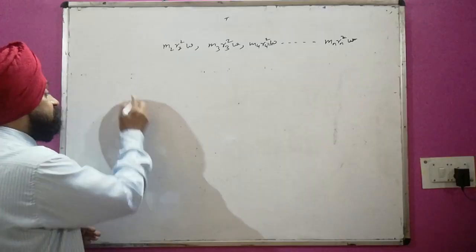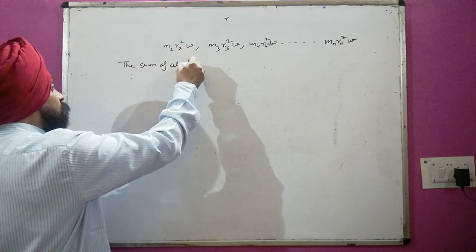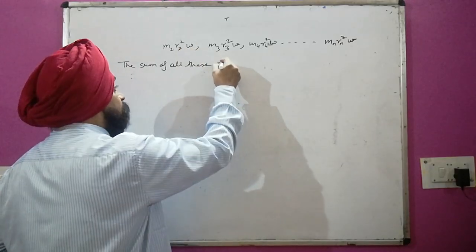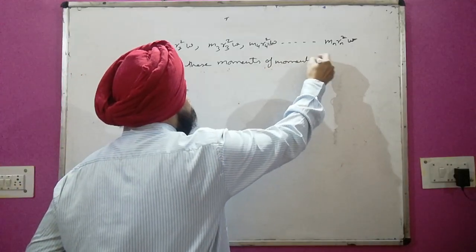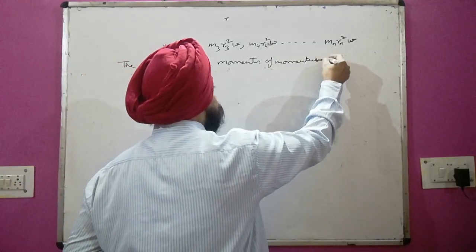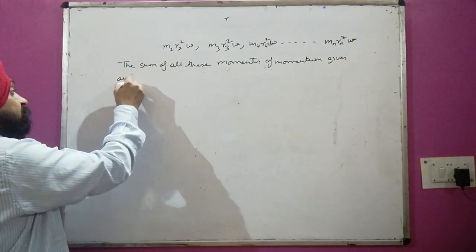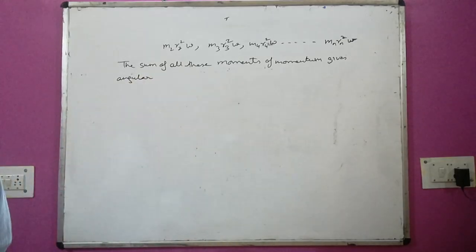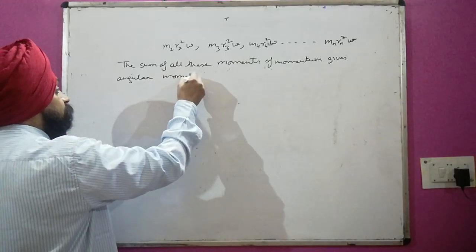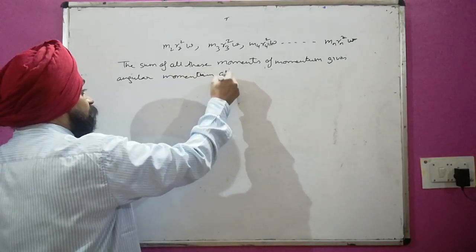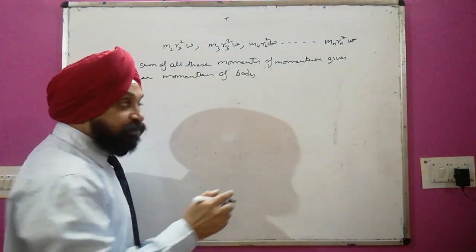The sum of all these moments of momentum gives the angular momentum of the body.